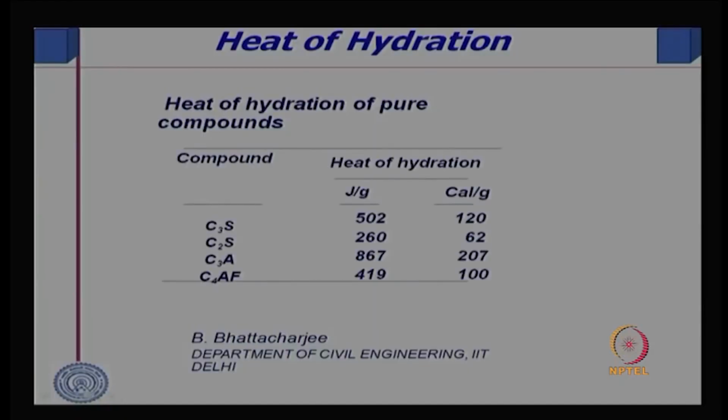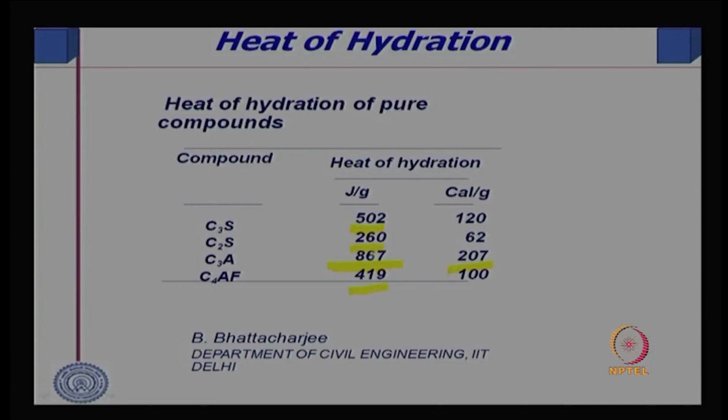So, heat of hydration occurs, and if you see the heat of hydration of the pure compounds C2S, C3S, etc., we will find that C3A has the highest value, 867 joules per gram, or 207 calories per gram. C3S has the next highest at 502 joules per gram, and this one has 419, which is the least.